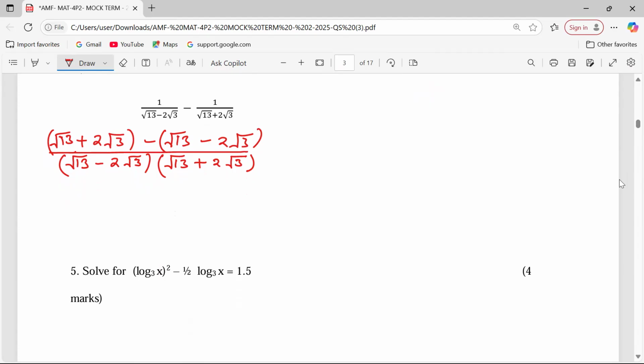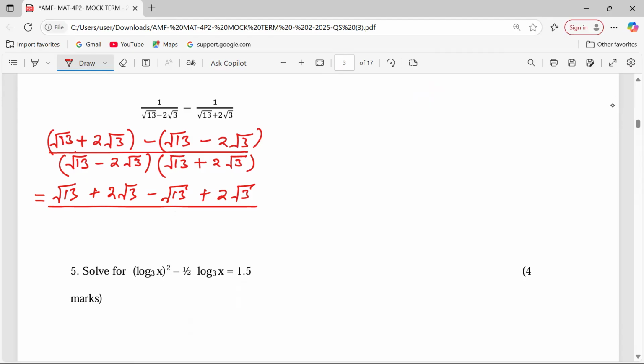So at this point now, we can first group terms from the numerator by having root 13 plus 2 the root of 3, then minus the root of 13, plus, because of negative times negative, remember we are opening the bracket there. So that now becomes positive 2 the root of 3, that way. And this should be divided by.